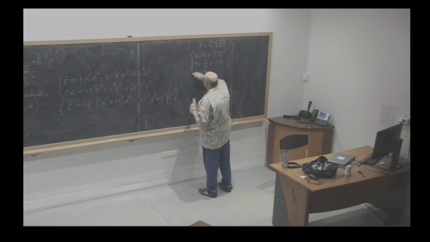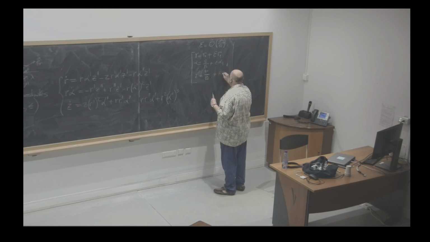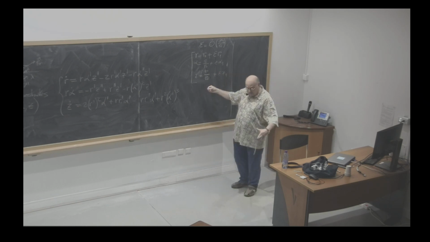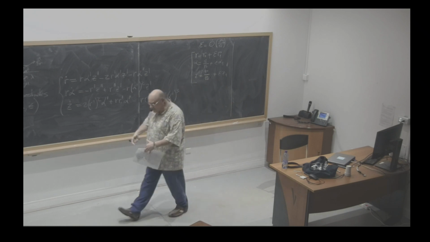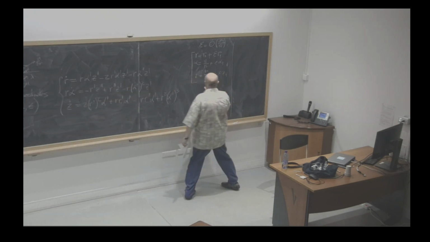Why this choice? Oh, this choice is forced. You have to choose this, plus epsilon Z1, because we heard many times the vortex ring, the smaller it gets, the faster it goes. So it's inversely proportional to R0.